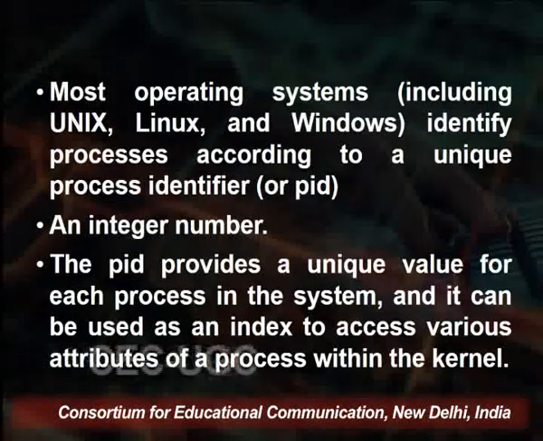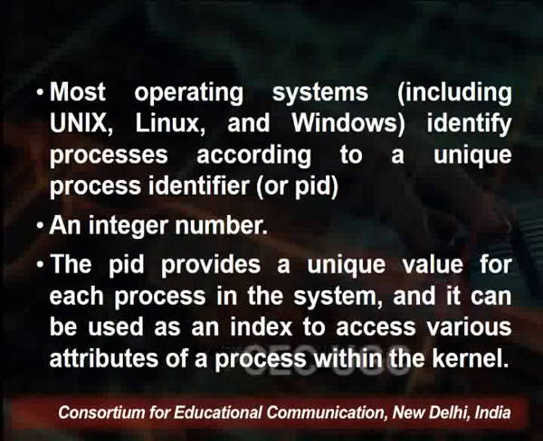For example, in most operating systems, let us say Unix, Linux and Windows, processes are identified with the help of a unique number known as a process identifier, or in short a PID. This PID is nothing but an integer number, and it is unique to each and every process.